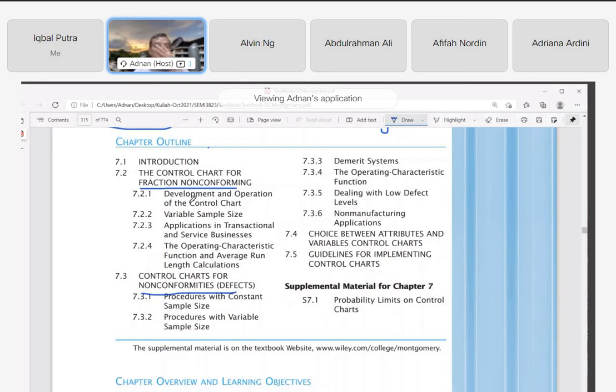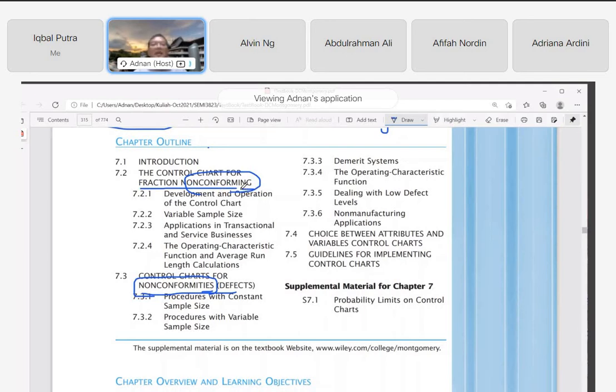Non-conformings and non-conformities have different meanings. Non-conforming, ing here. Here is ties. Make sure you are able to understand this. Please jot down in whatever notes that you have. Non-conforming and non-conformities are not the same.